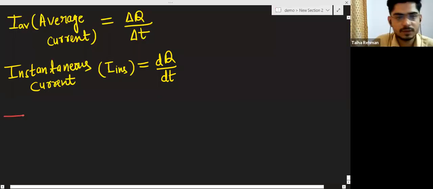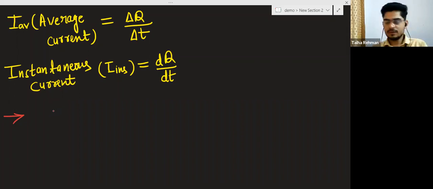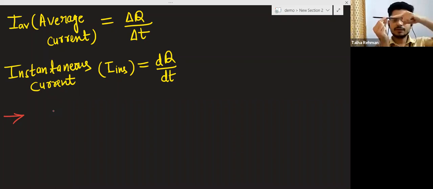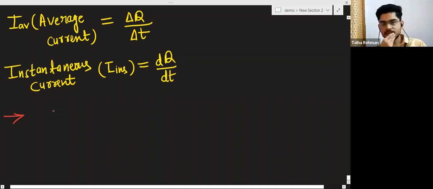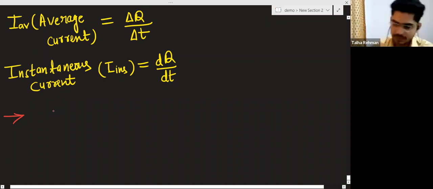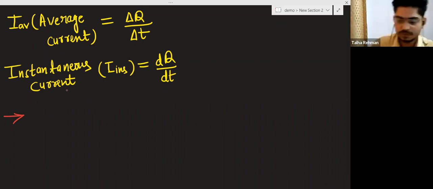Now there is a point, listen. This is a wire, part of a wire, and current is flowing from here to here like this. So current has a direction. Now we will discuss this direction.